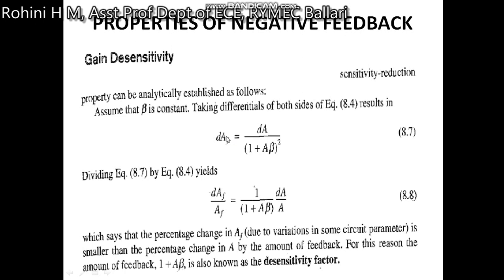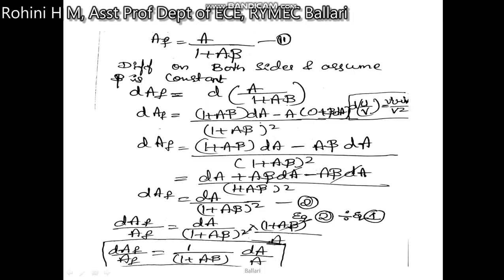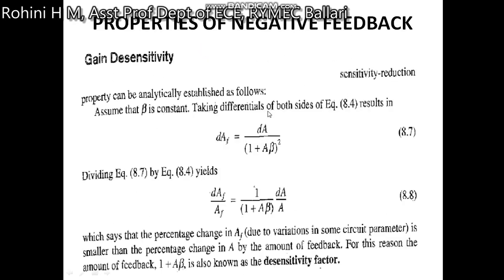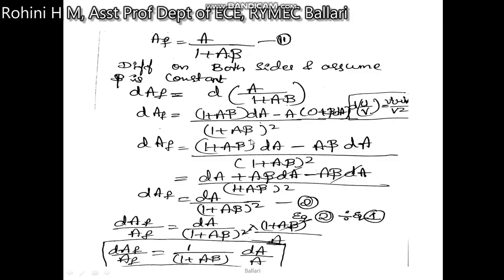So AF is equal to gain divided by 1 plus A beta. Directly they have taken the differentiation solution. How do we obtain dA divided by 1 plus A beta whole square? Here we have the gain expression AF equal to the gain of the amplifier A divided by 1 plus A beta.